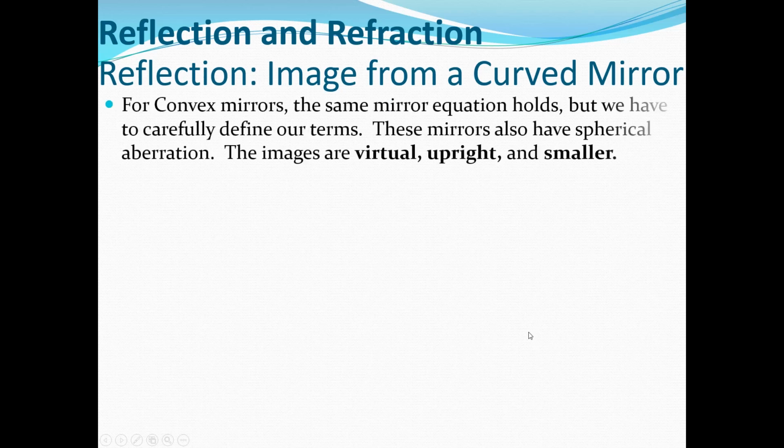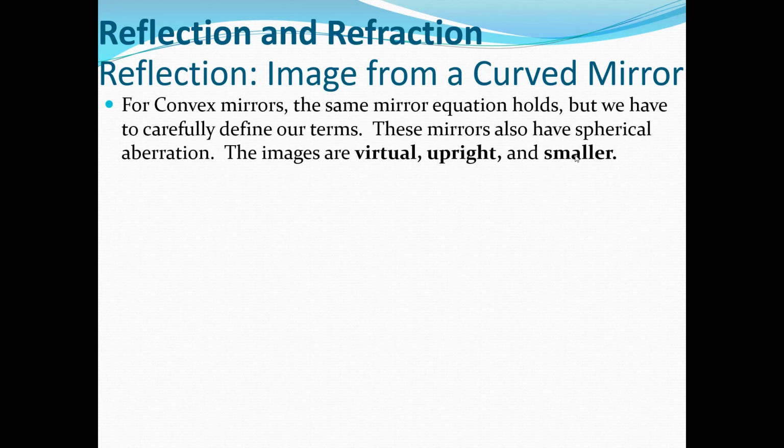All right. So when you do convex mirrors, the same thing applies, but a lot of times you're going to end up getting images that are almost always virtual, upright, and smaller. With the concave mirrors, where the lines always converge, it's only like that when you're very close to the mirror.